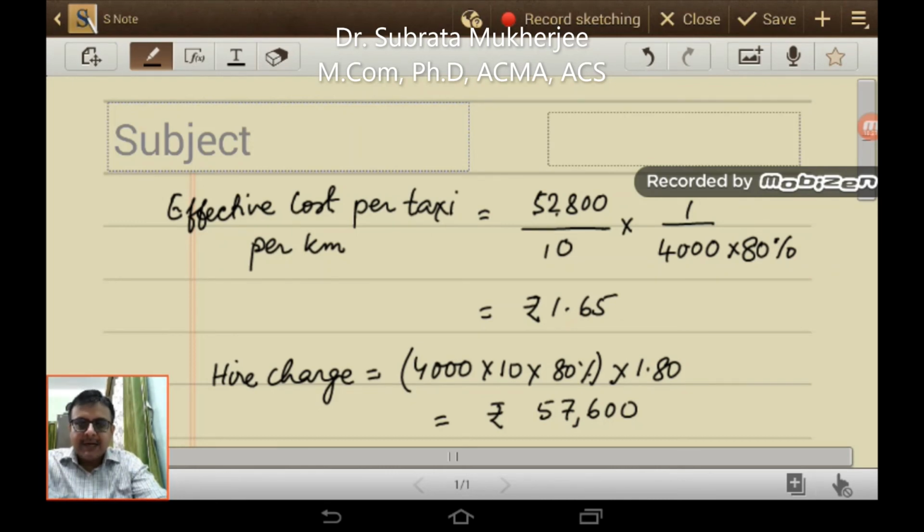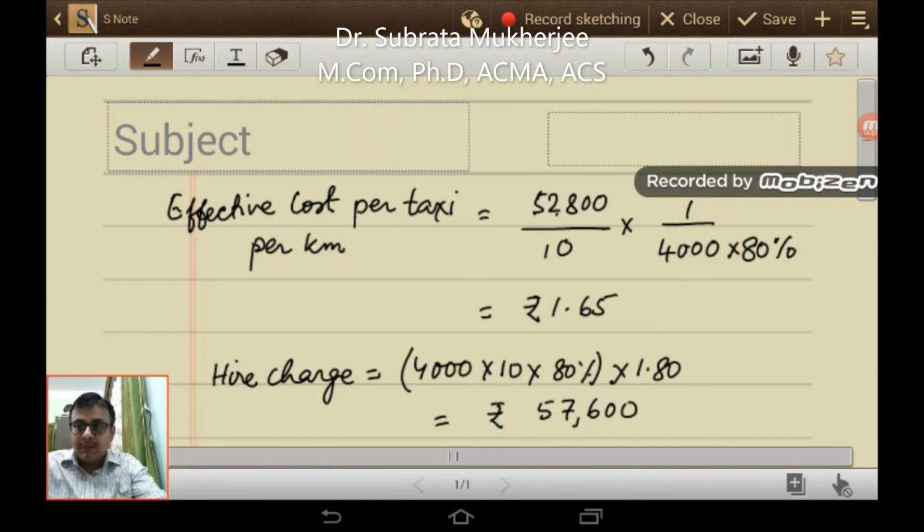Now I have divided by 4,000 into 80%. 4,000 is the kilometer run per taxi and 80% is the occupancy rate. Since 20% run is empty, the taxi is running for 4,000 kilometer, out of which 80% is occupied. It means that 20% of the run by the taxi is empty, with no passenger.